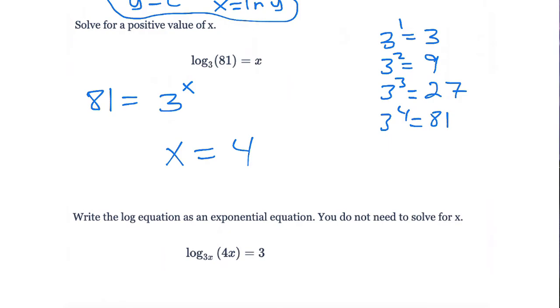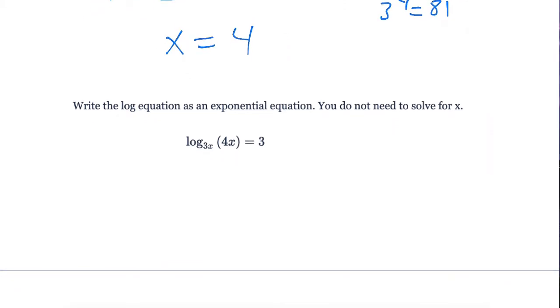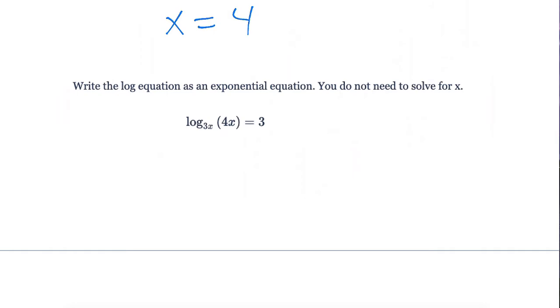If I think about that log equation in an exponential way, then I might be able to come up with an answer. I can do the same kind of thing with something like this problem right here. If we change this to an exponential, this would be 4x is equal to 3x to the third power.